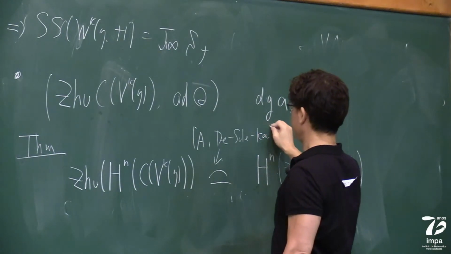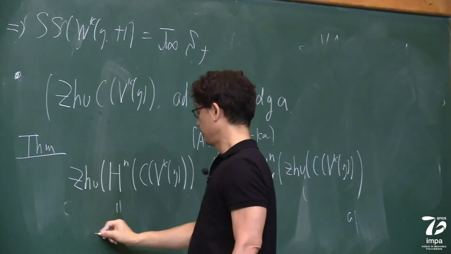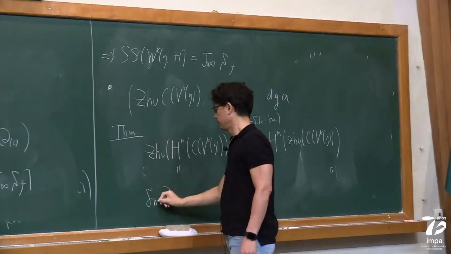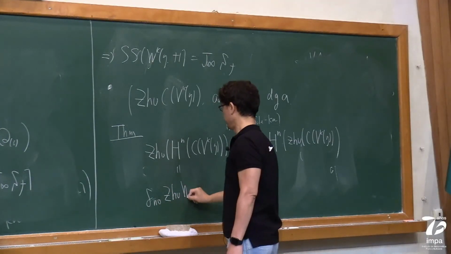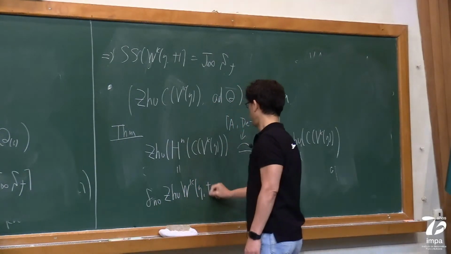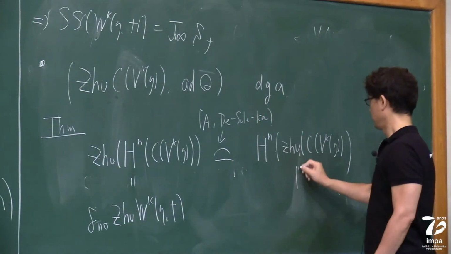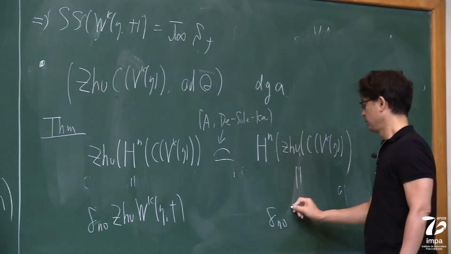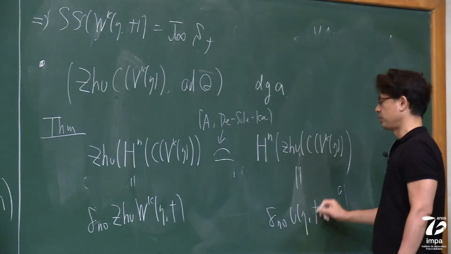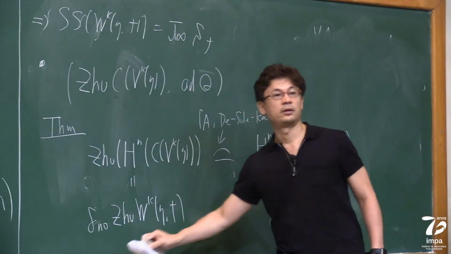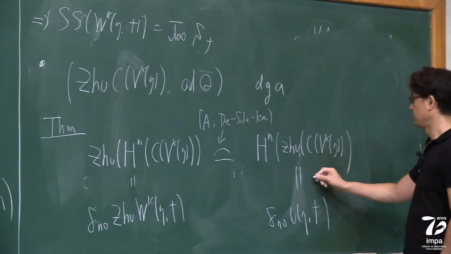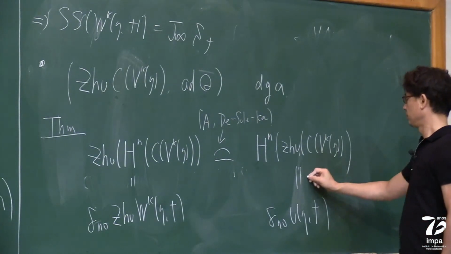The left-hand side is, of course, Zhu's algebra of the double algebra, and the right-hand side is shown to be the finite double algebra associated with G and F. So it's done.